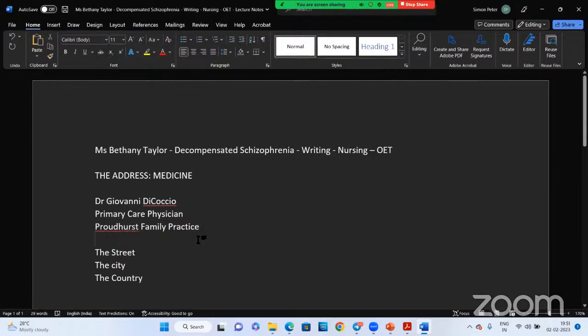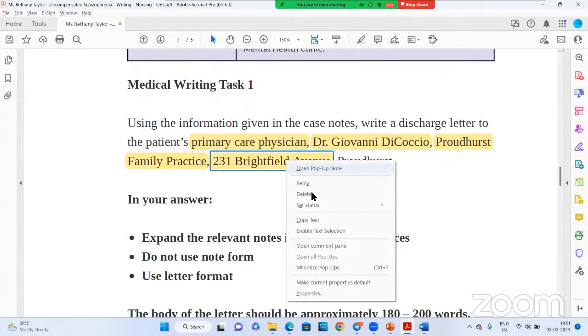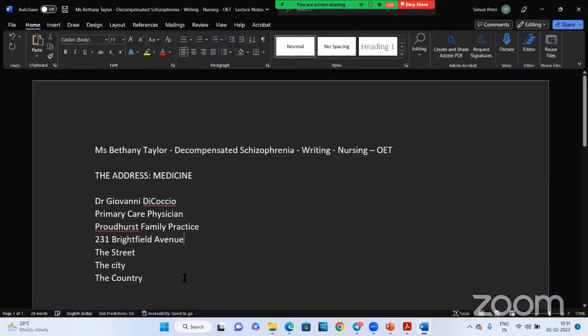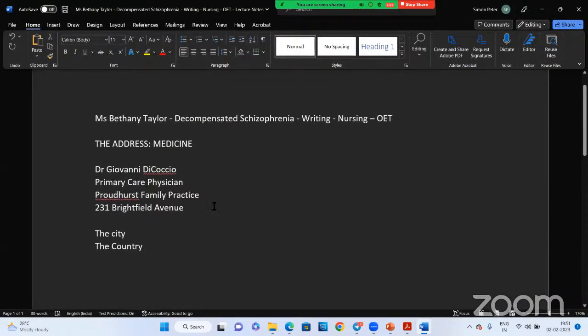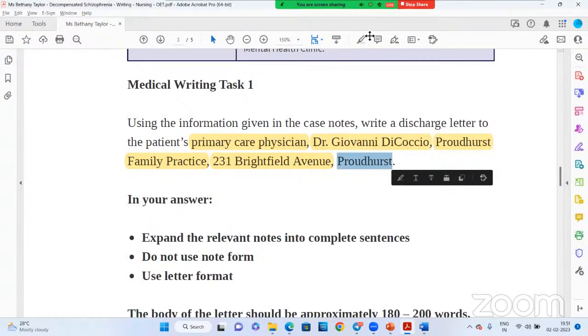The next is the street: 231 Brightfield Avenue. That is the street. Next, the city is Proudest.